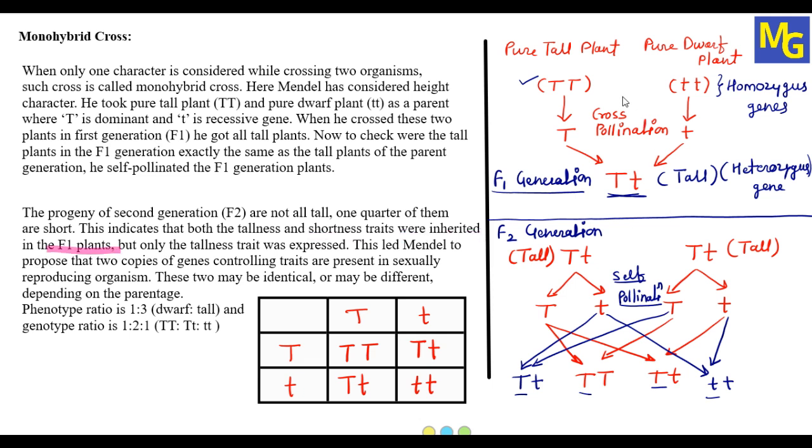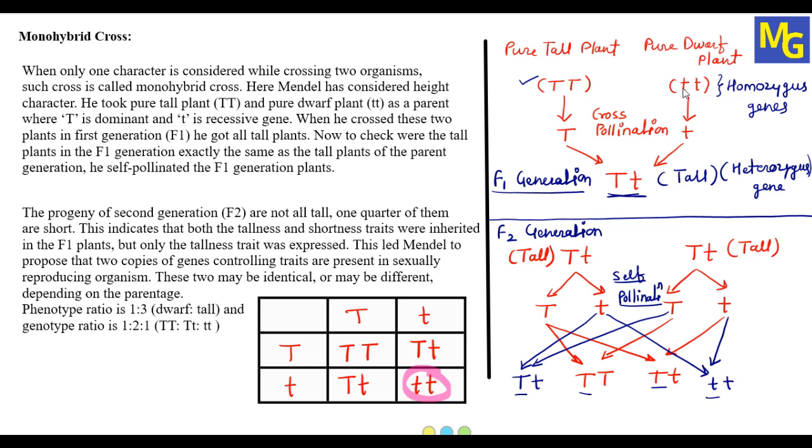So if you focus here again, for the F1 generation, here it was pure tall, here it was pure dwarf. But when we got the F1 generation, what did we say? We said all the plants are tall. The meaning is, it is not that the short gene will not transfer from the parent. When we crossed these plants for the F2 generation, we got one of the plants short.